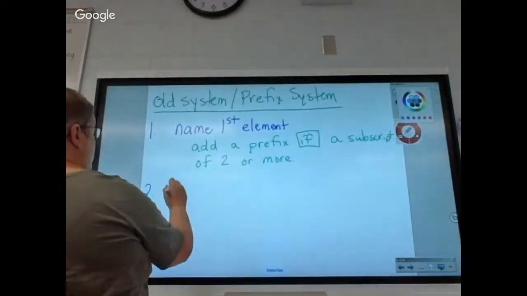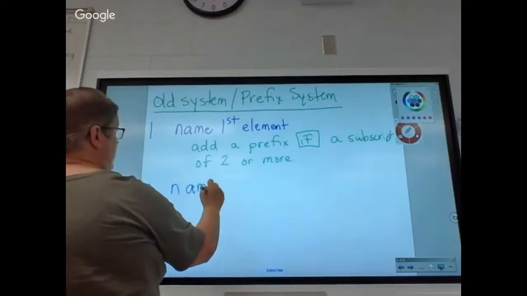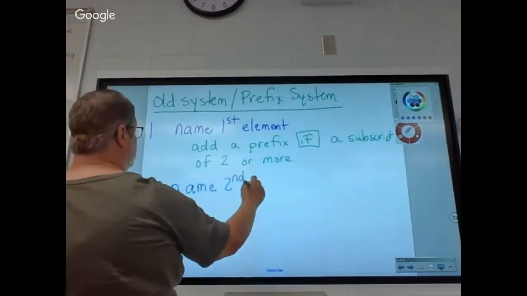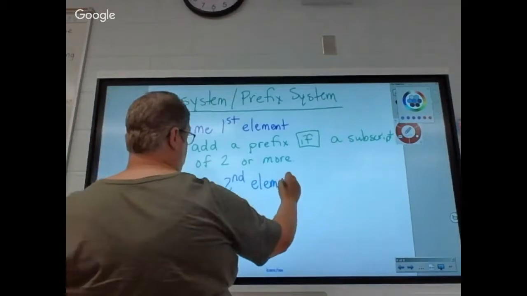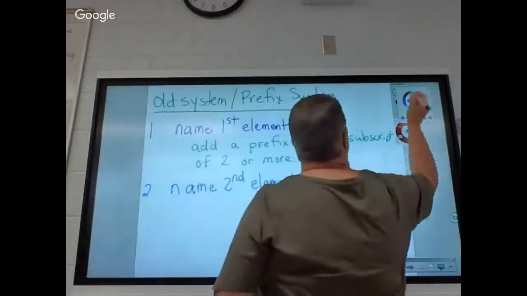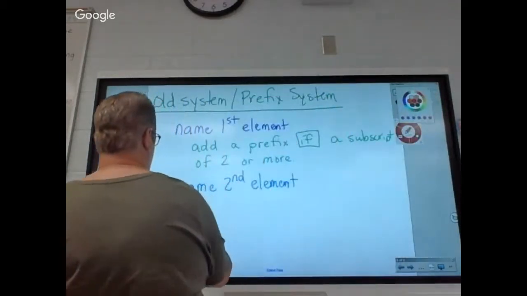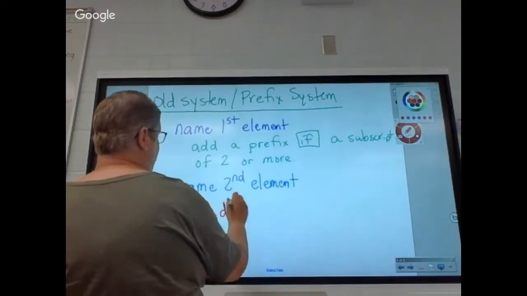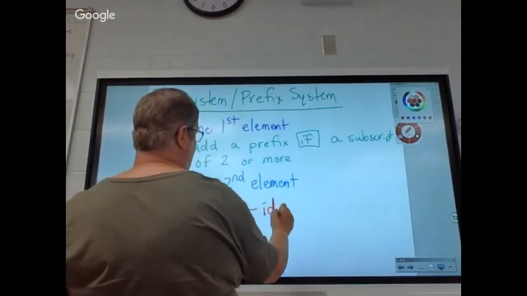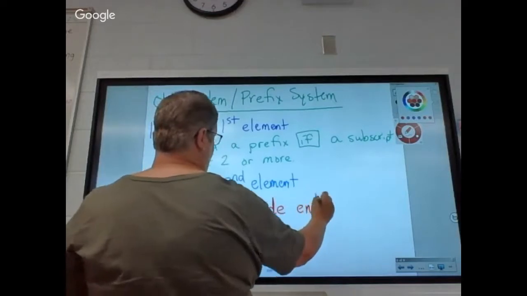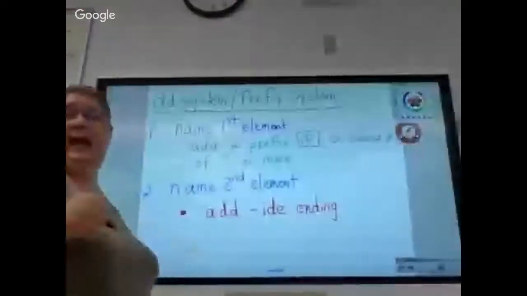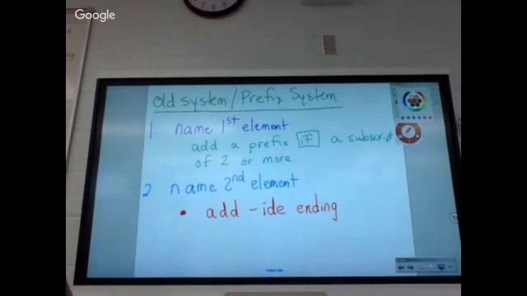Number 2: you're going to name the second element and add an -ide ending. Why are we going to add an -ide ending? It's going to be binary. Everything you're going to learn to name right now is going to be binary. Unfortunately, we're not going to have time to do acids or any of the other stuff that's organic.